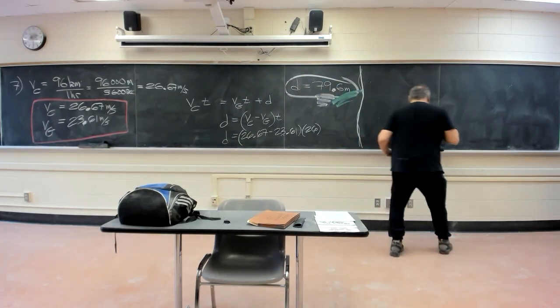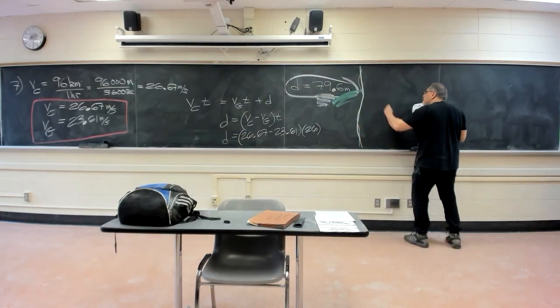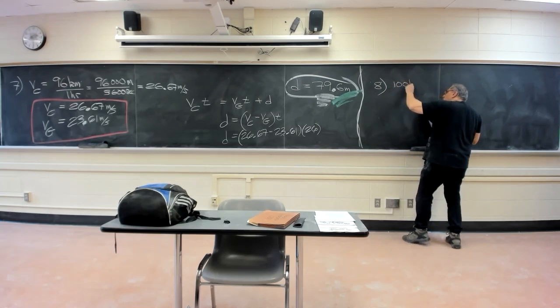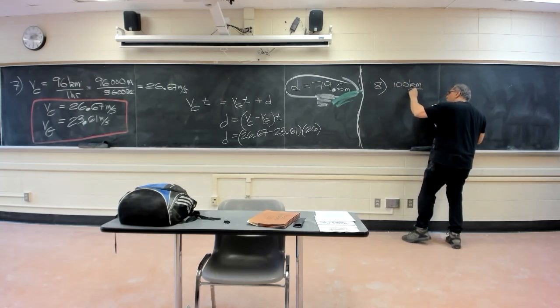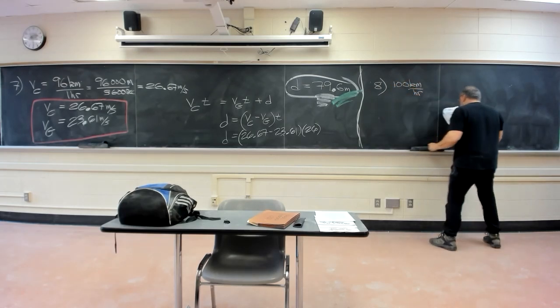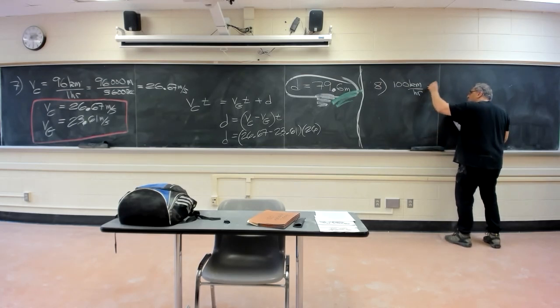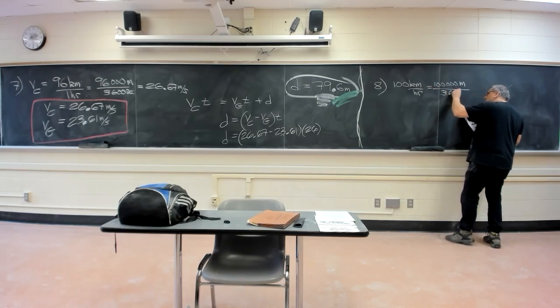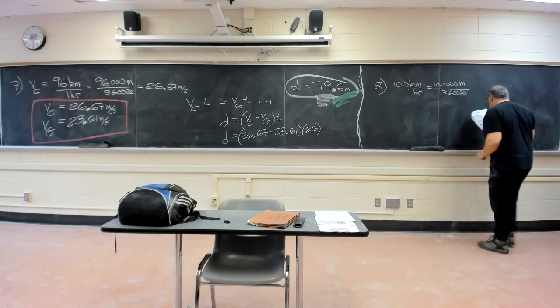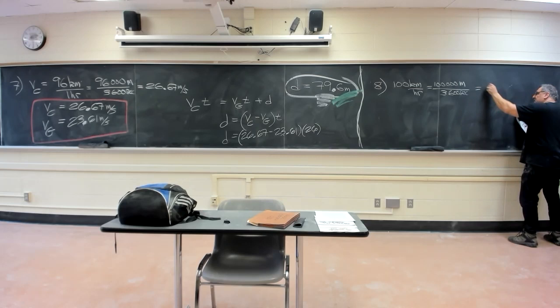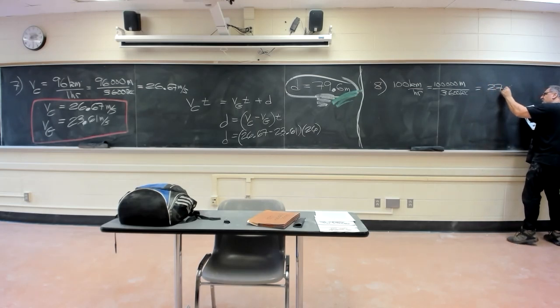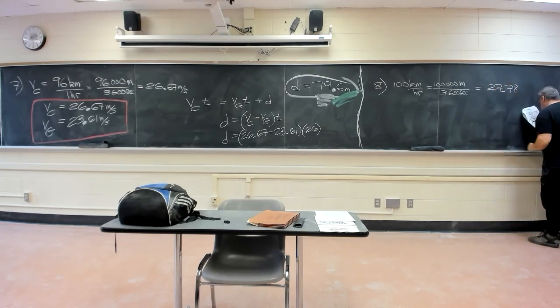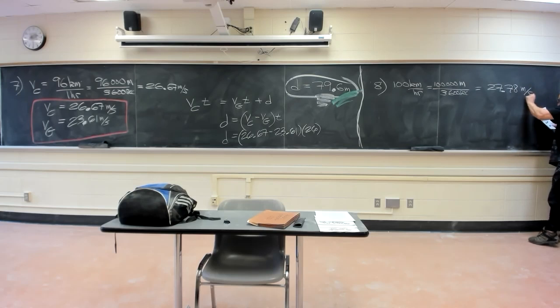I don't even know. For number 8, you could have said 100 kilometers per hour. We did the whole song and dance with this already. That's meters per 3,600 seconds, that's 27.78 meters per second for a top speed.